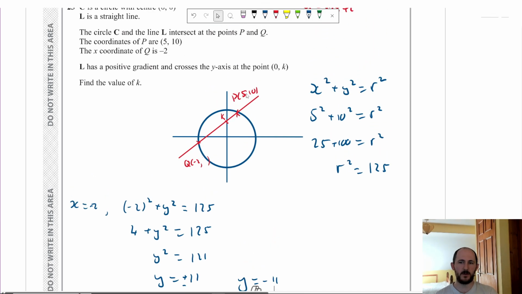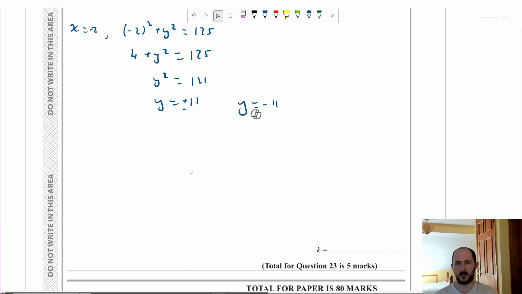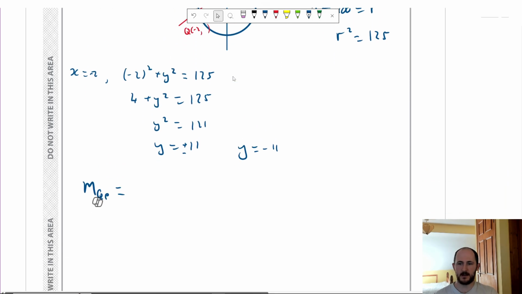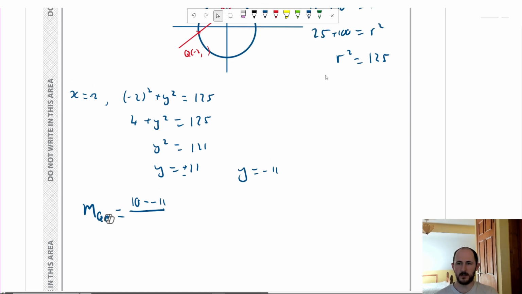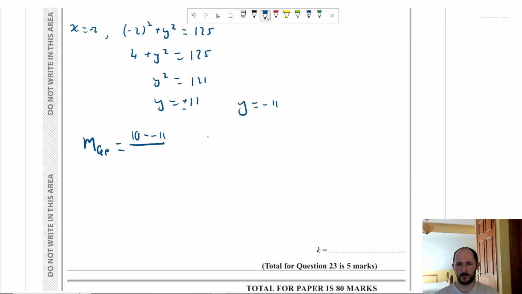Now this is trivial, we just need to work out the equation of the line. So if we work out the gradient between P and Q, so m_QP, we have the change in y, so we have 10 minus minus 11 over 5 minus minus 2. So that is 10 minus minus 11 is 21. 5 minus minus 2 is 7, so the gradient is 3.